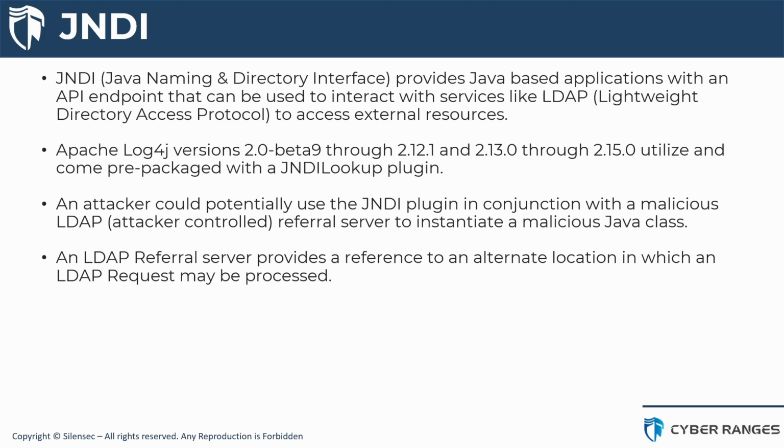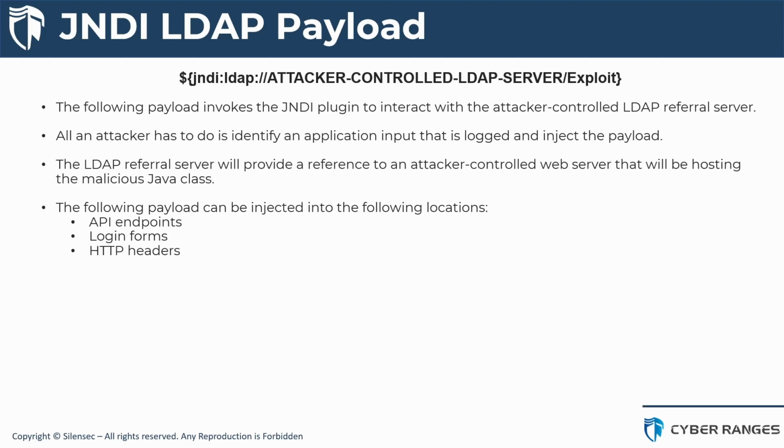So an attacker could potentially utilize the JNDI plugin in conjunction with a malicious, attacker-controlled LDAP referral server to instantiate a malicious Java class. An LDAP referral server provides a reference to an alternate location in which an LDAP request may be processed. So you'll actually see how this will play out.